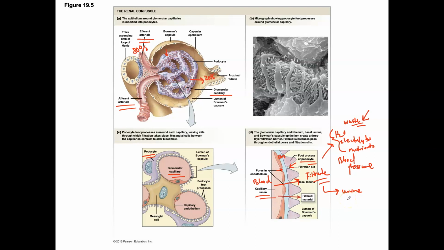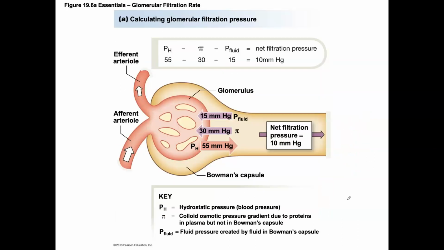So what drives the filtration then? Well, we said it's blood pressure, but let's take a closer look at what's actually happening. When we look at the afferent arteriole bringing blood into the glomerulus, the afferent arteriole has a certain blood pressure.